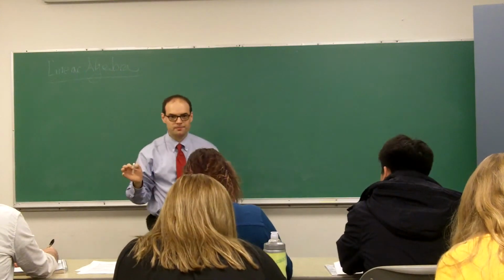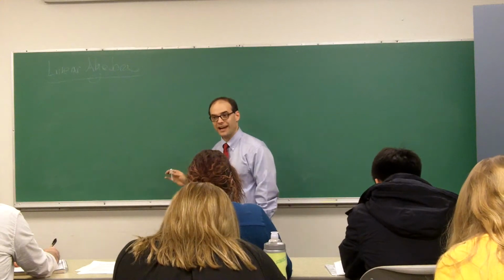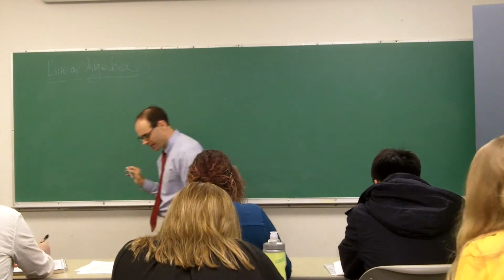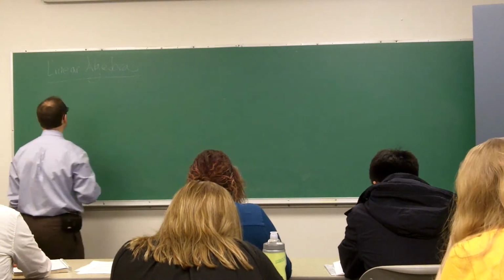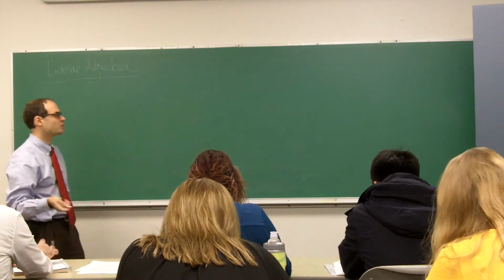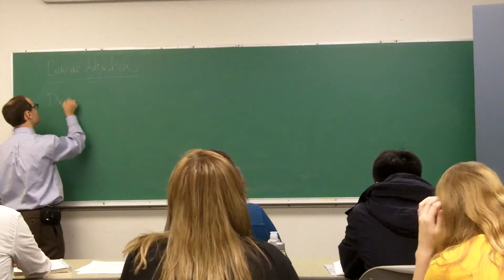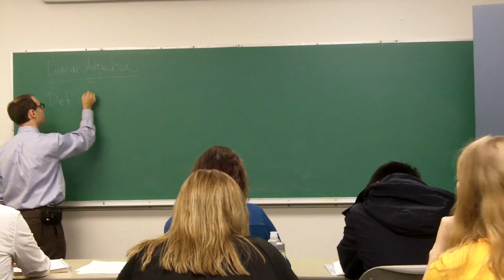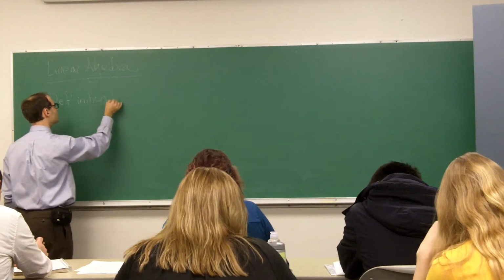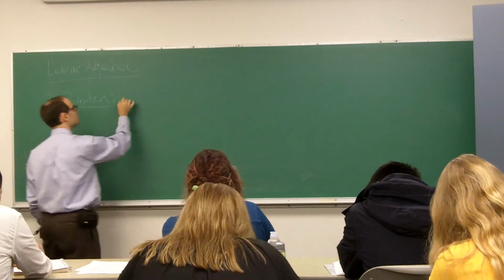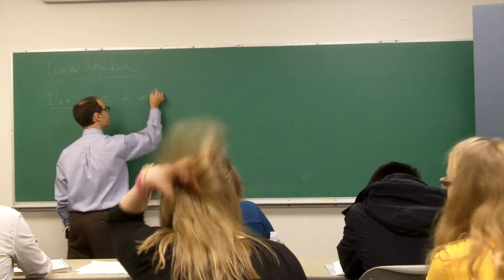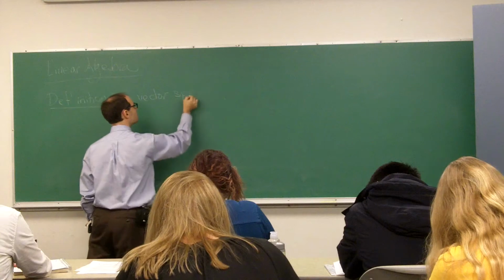So linear algebra is done where? It's done in vector spaces. What is a vector space? Well, it's basically an abelian group with some additional structure. So let's put down a definition. So what's a vector space?